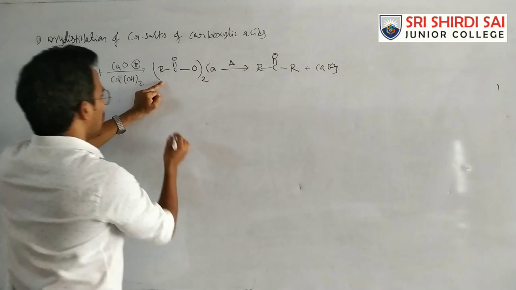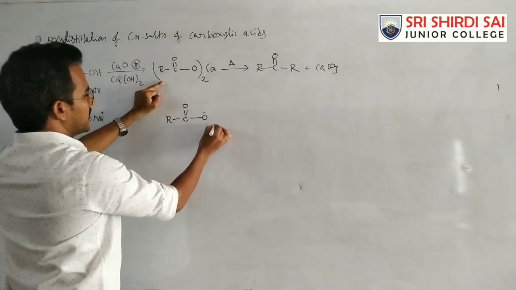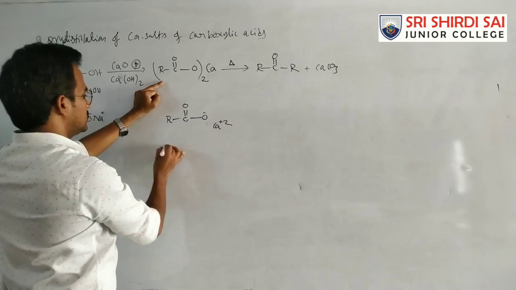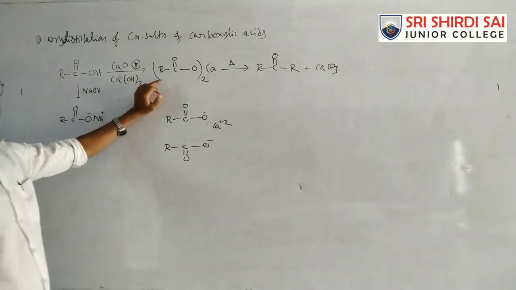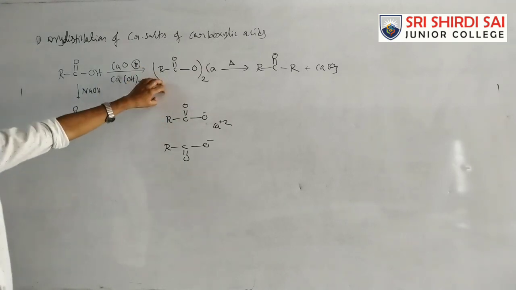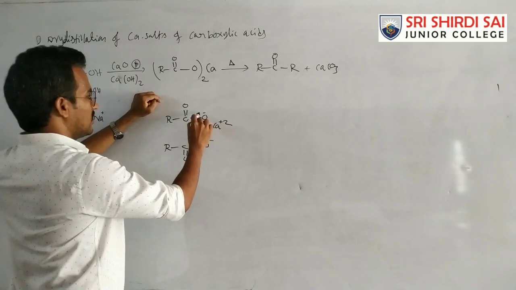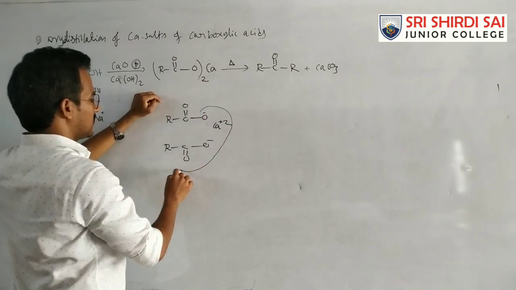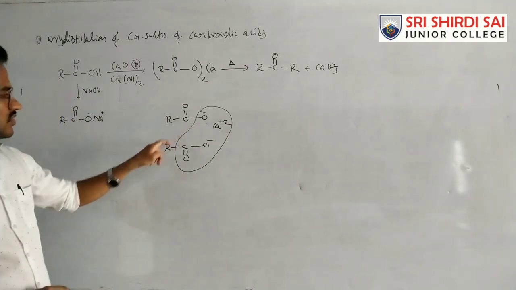How does this reaction take place? RC double bond O minus Ca plus 2 RC double bond O minus. This is the open structure of this one, the ionic compound. So on heating, here removal of CaCO3 and RCOR.